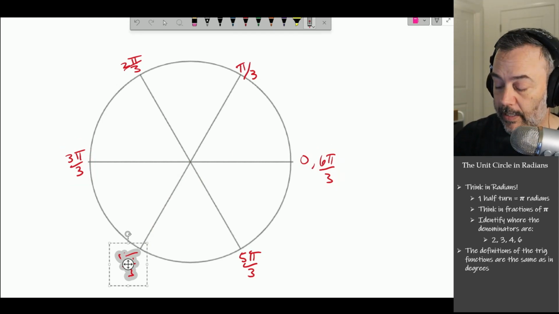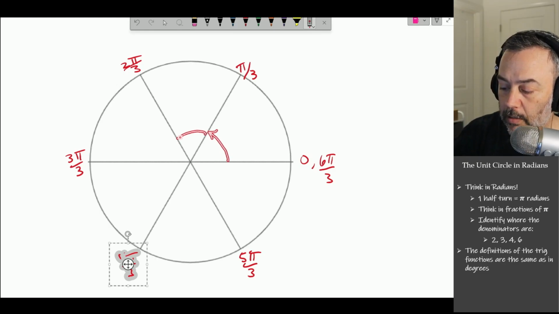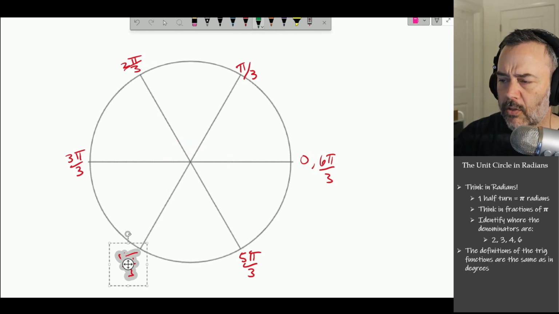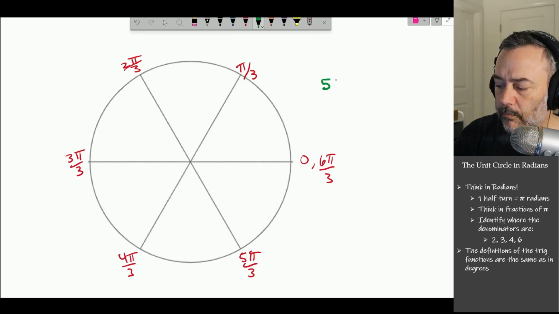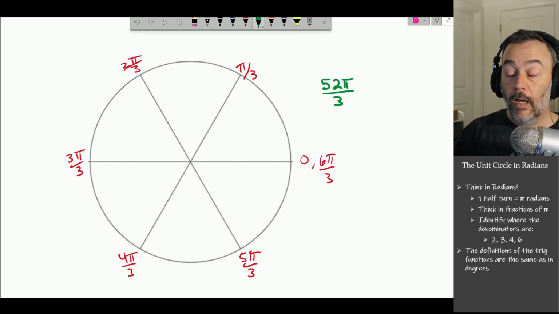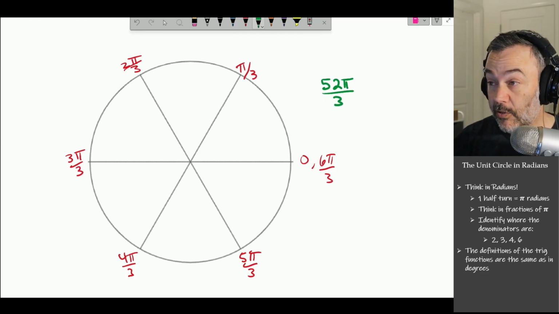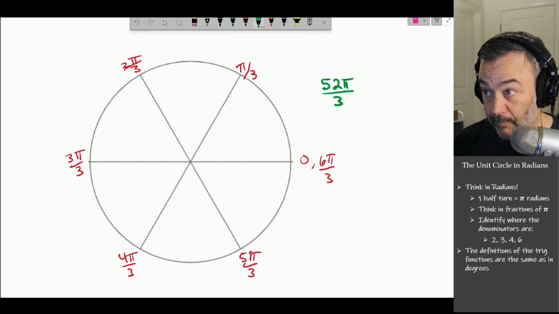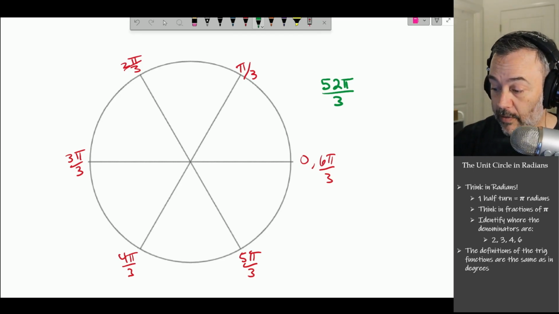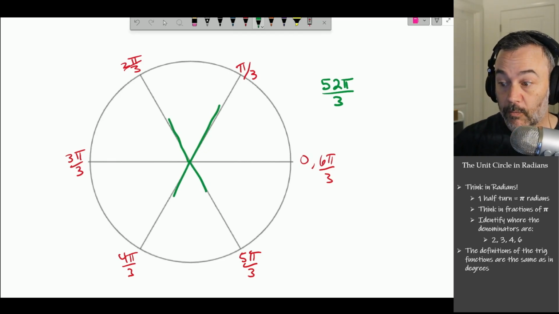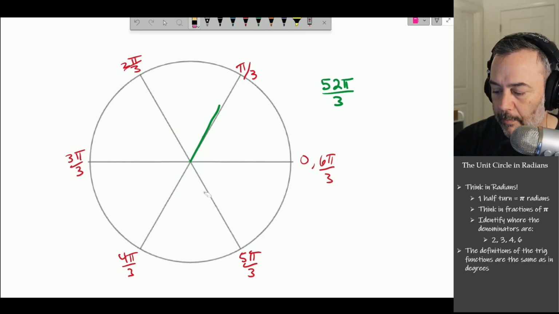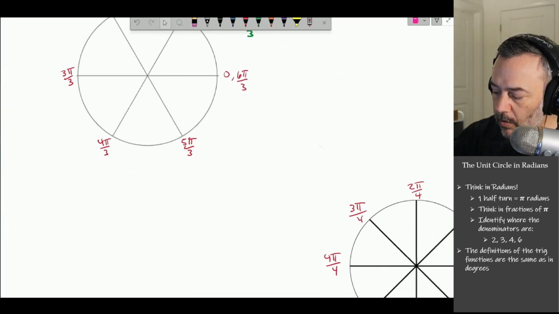But the way you can think in radians is just think 1 pi over 3, 2 pi over 3, 3 pi over 3, 4 pi over 3, 5, 6, 7, 8, etc. So if I'm ever given an angle like, how about 52 pi over 3? The denominator is 3. 52 is not a multiple of 3. So I know that it has to land on one of these terminal sides. It has to be in one of those spots, and I can start figuring out where that might land.